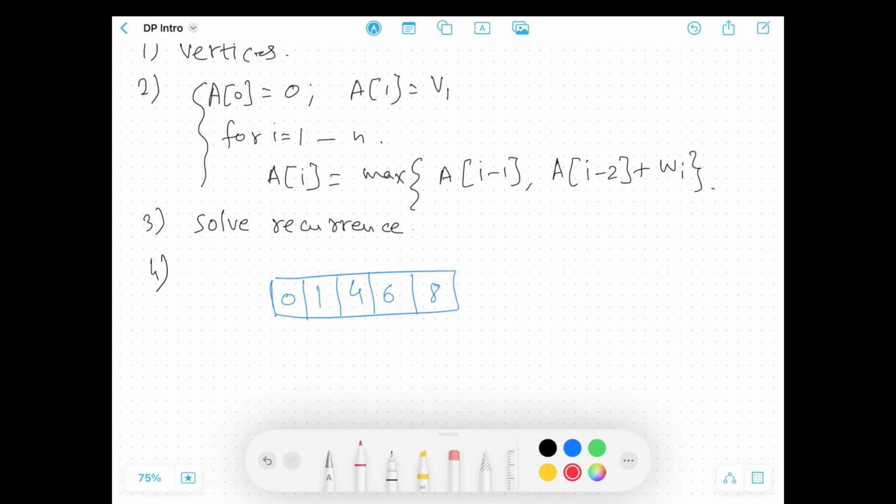Now looking at index i, starting from n to 1, this 8 would either come from the previous index or this weight would be coming from this plus the value of 4, right?